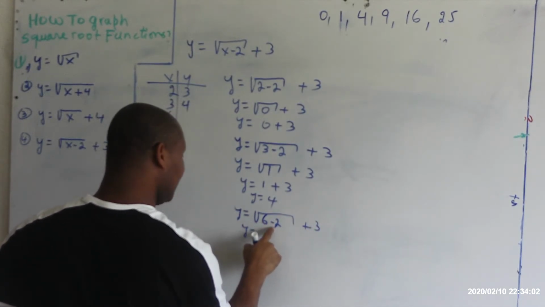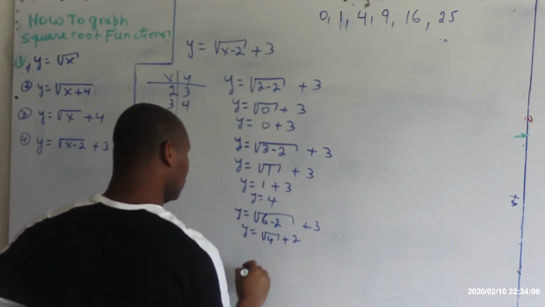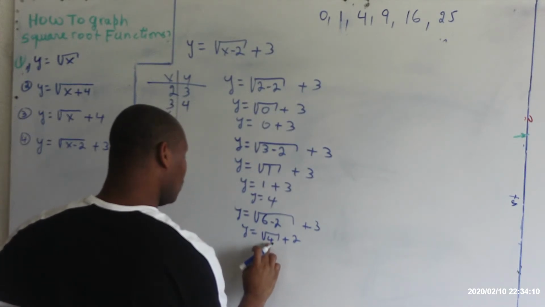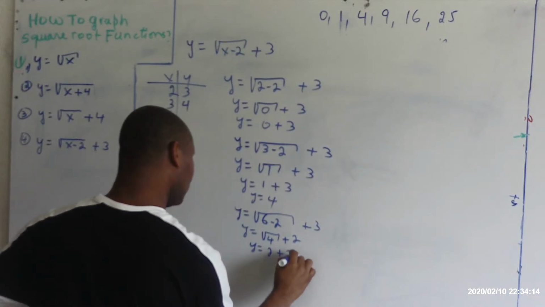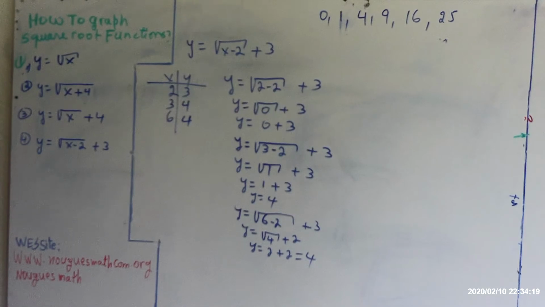That's going to be 6 minus 2, the square root of 4, plus 3. You know the square root of 4 is 2. 2 plus 2, that's going to be 4. Y equals 4. Yes. So, perfect.